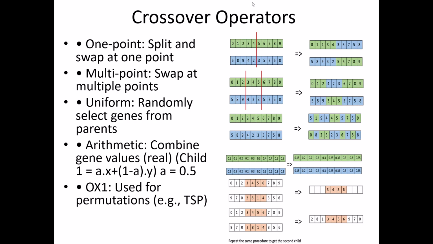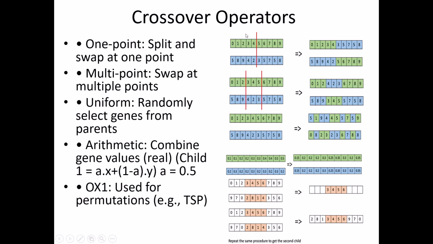Next, crossover operators. Crossover is nothing but taking two parents, making a crossover from those parents, and then producing a new solution, right? There are a lot of operators: one point, multi-point, uniform, arithmetic, and those used for permutation.